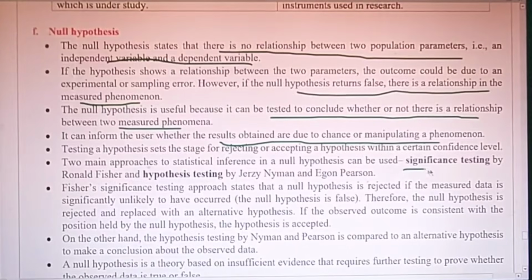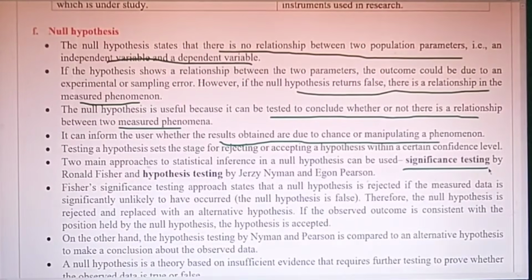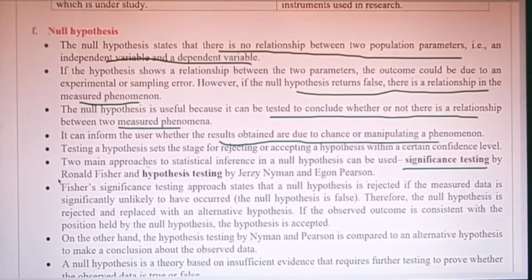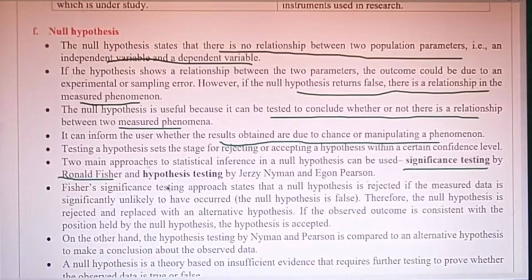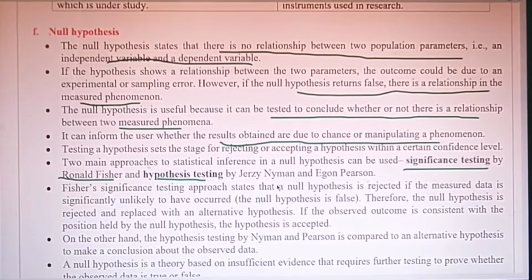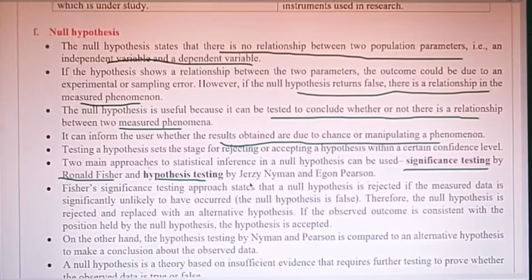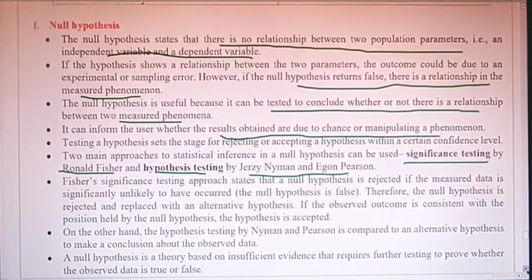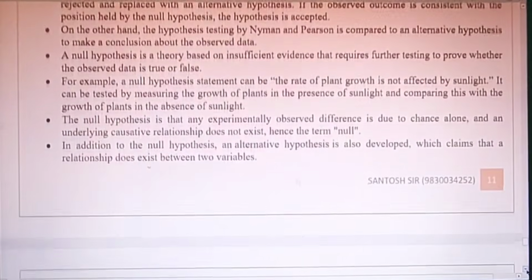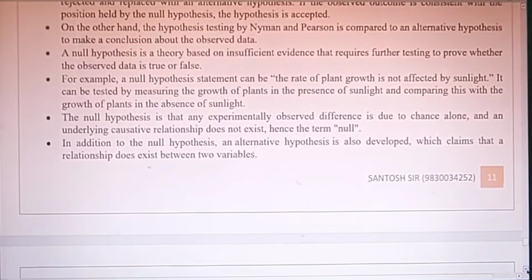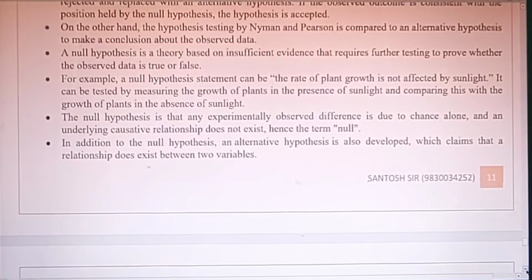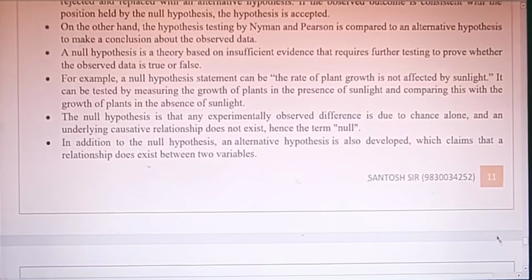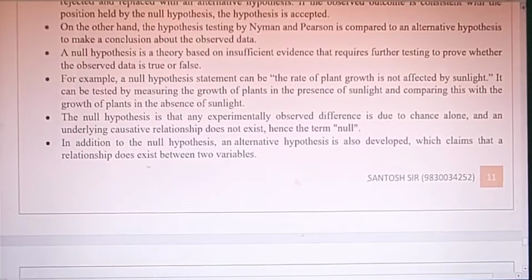One is significance testing, which was developed by Ronald Fisher, and hypothesis testing, which was invented by Jerzy Neyman and Pearson. So you can write a little bit about that, because you have to write a short note. Your short note should be within at least 150 to 200 words. Only then you can get 5 marks for this.